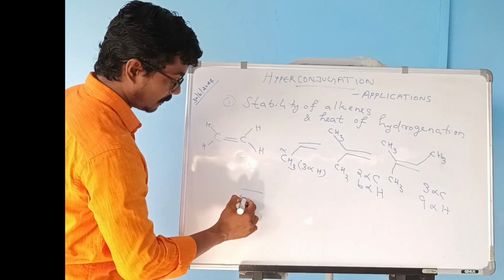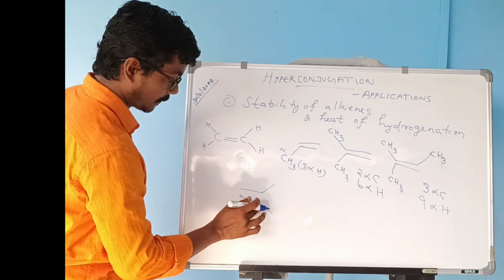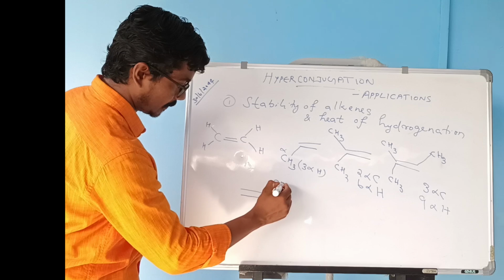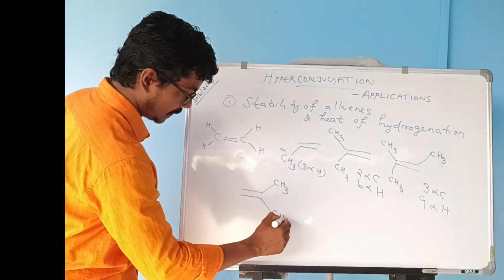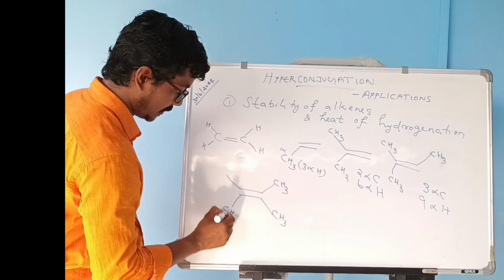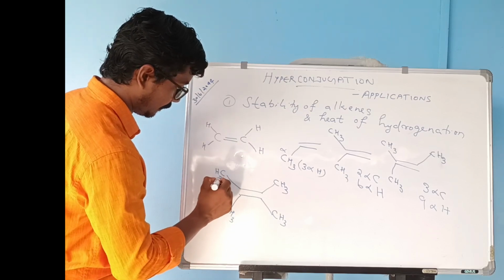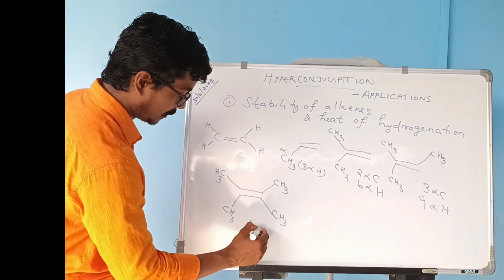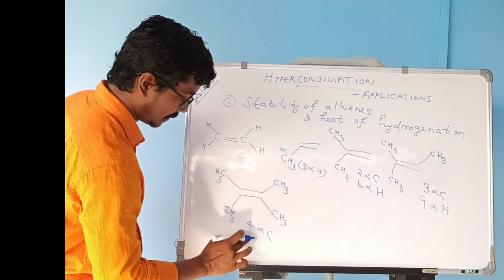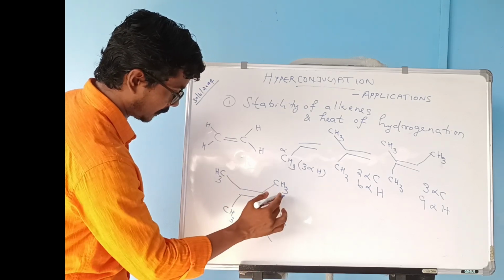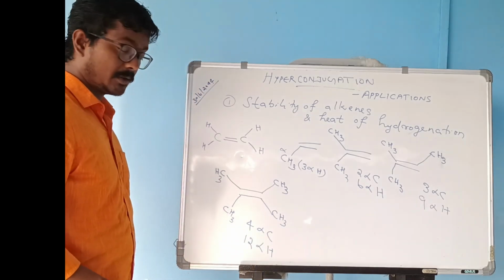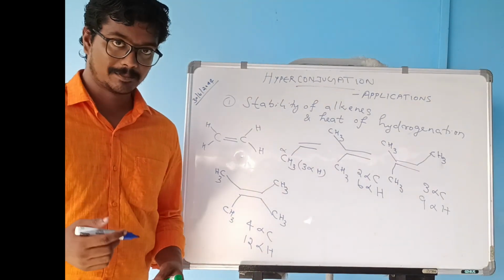And finally, CH3, CH3, CH3, and CH3. So there are 4 alpha carbons and 12 alpha hydrogens. So which is more stable?